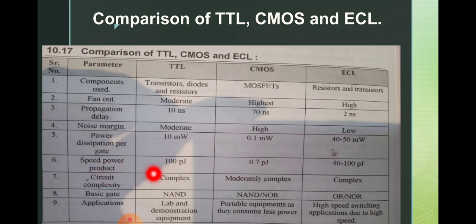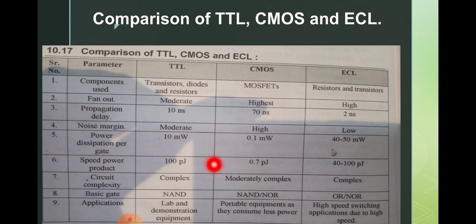Basic gates: NAND gates can be used in TTL, NAND and NOR in CMOS, and OR and NOR in ECL. So these are the basic gates fabricated using these three technologies. The applications of this technology are explained in the last parameter.